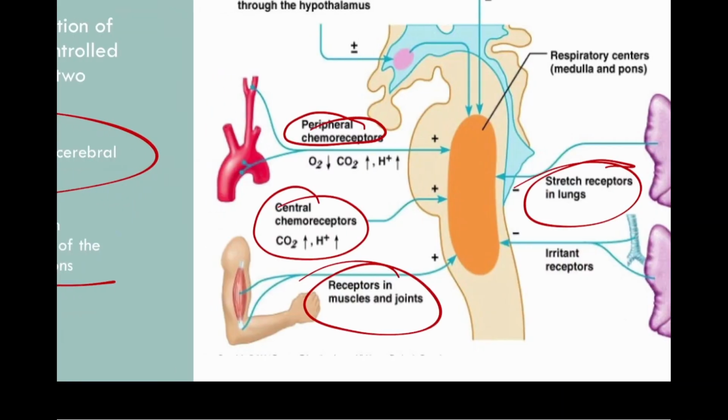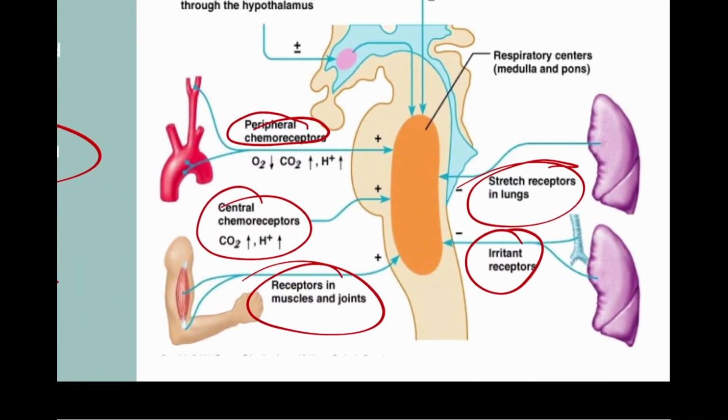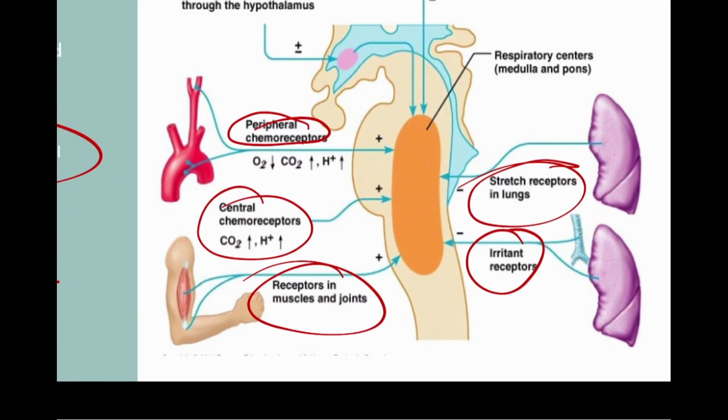And the last one are these irritant receptors. Okay, coughing. If an irritant from the air gets into your lungs, you breathe it in, you start coughing. Or if you drink water and it goes down the wrong pipe, you start coughing like crazy. That's because you have irritant receptors there in case a foreign body comes into your lungs, and you try and get it out by coughing.